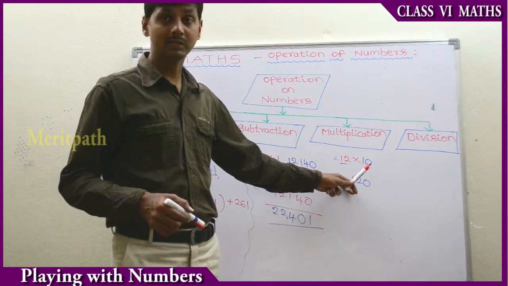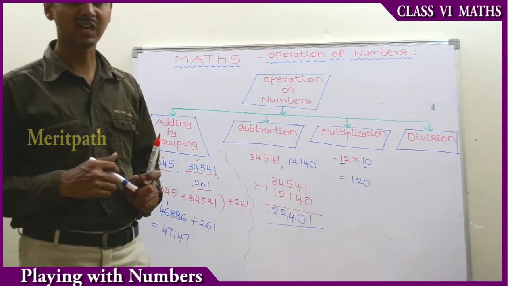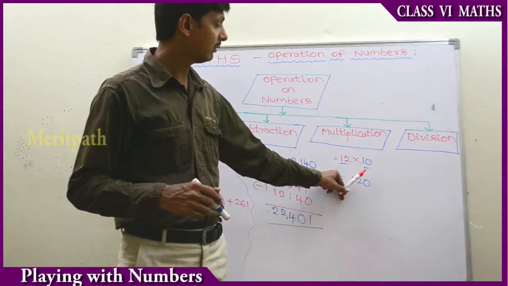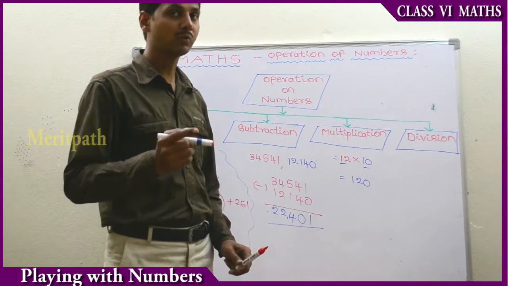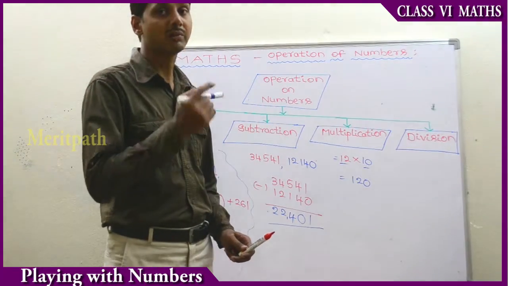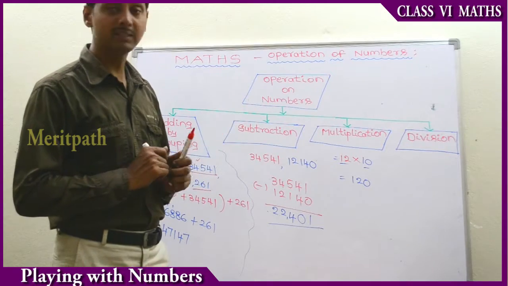And 12 and 10 are factors of 120, which we learned in the previous chapter. So this is multiplication.